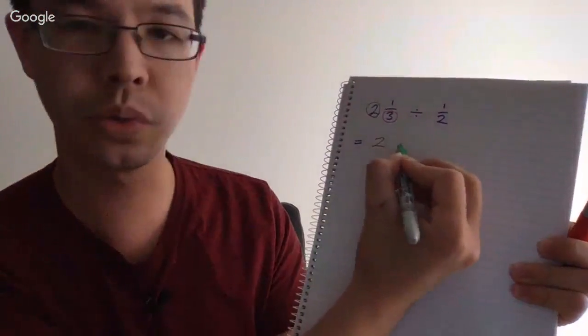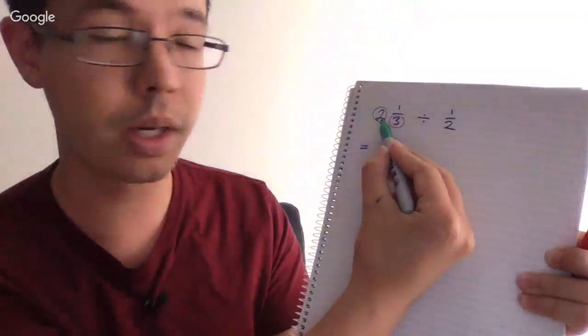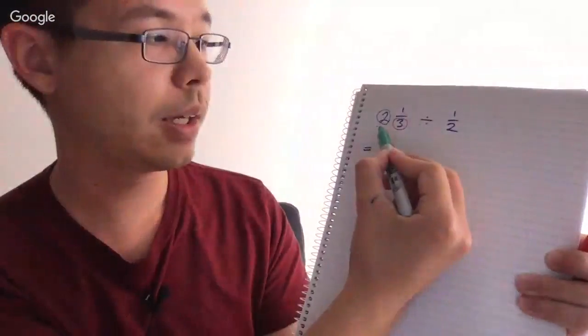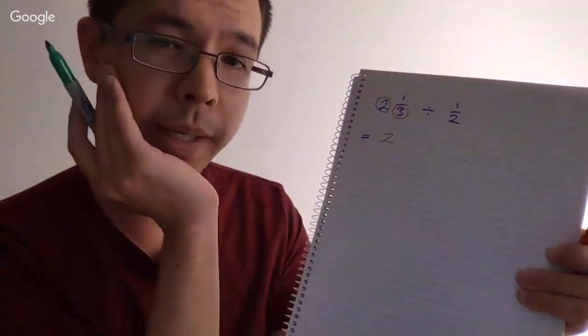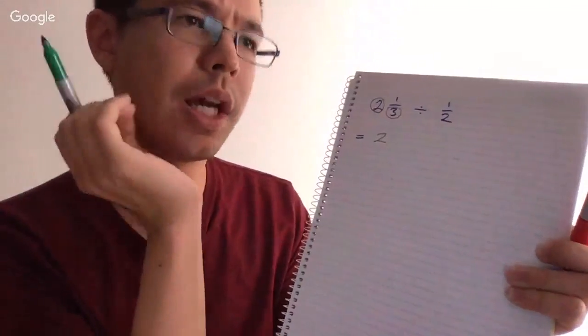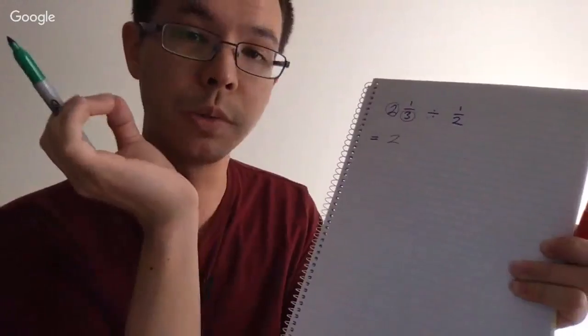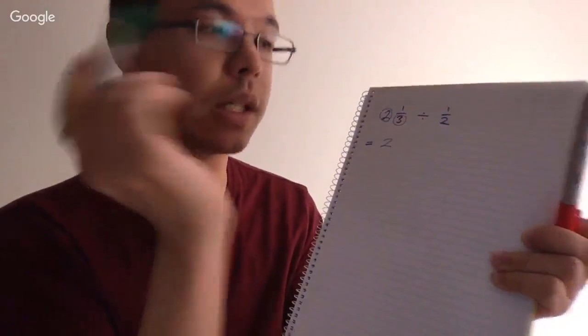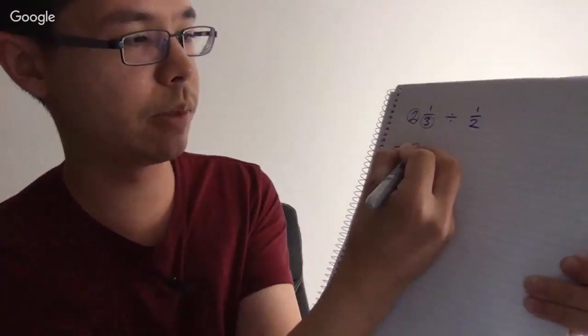That'll be 2, which came from the 2 wholes. But each whole has been cut into 3 slices. So how many slices in 2 wholes? Well, it'll be 2 lots of 3 slices. So that's where this 3 comes from.